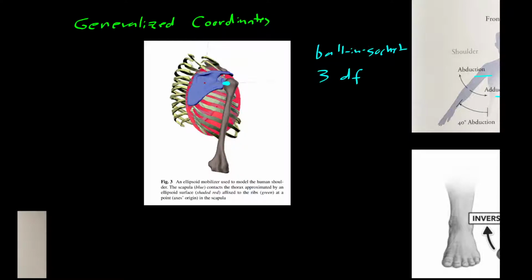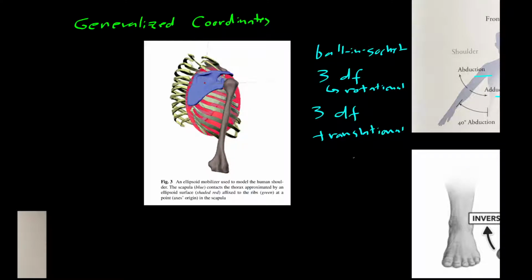So we can't just say it's sliding vertically and horizontally, because then it would just fly up and take off off the surface of the rib cage. So you also would need 3 degrees of freedom of translational motion. Maybe I'll just note that this is rotational degrees of freedom.